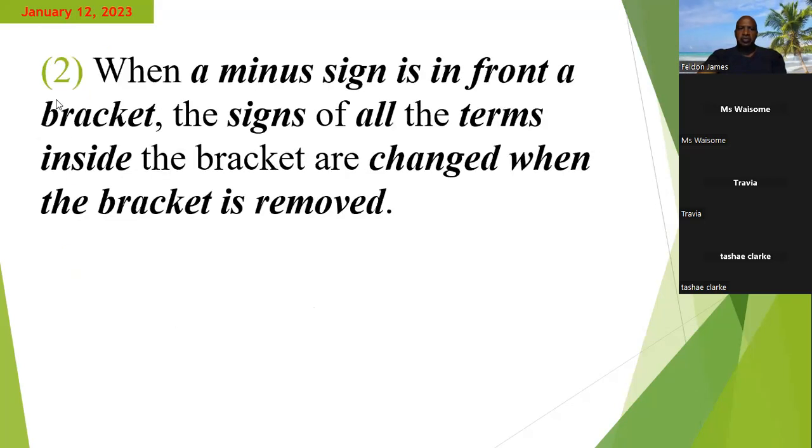Rule 2, when you have a minus sign, in other words, when we have a negative sign in front of brackets, the sign of all the terms inside the brackets are changed when the bracket is removed.